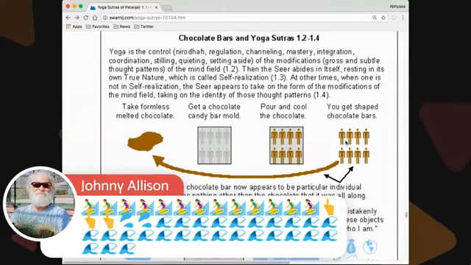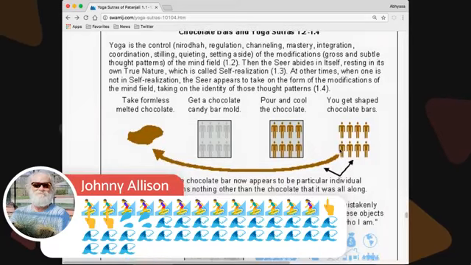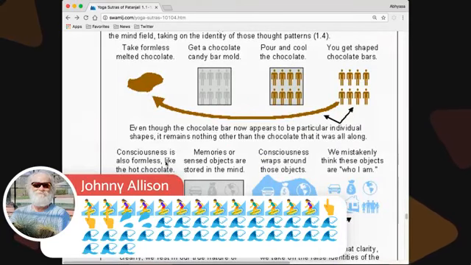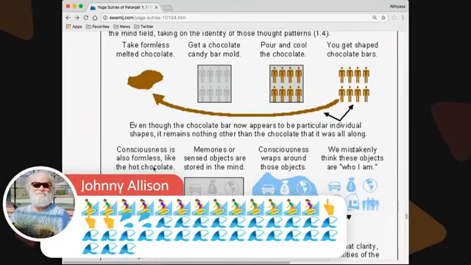And so consciousness is also formless. Here I use blue because this is chocolate color. And so consciousness similarly wraps itself around those objects.